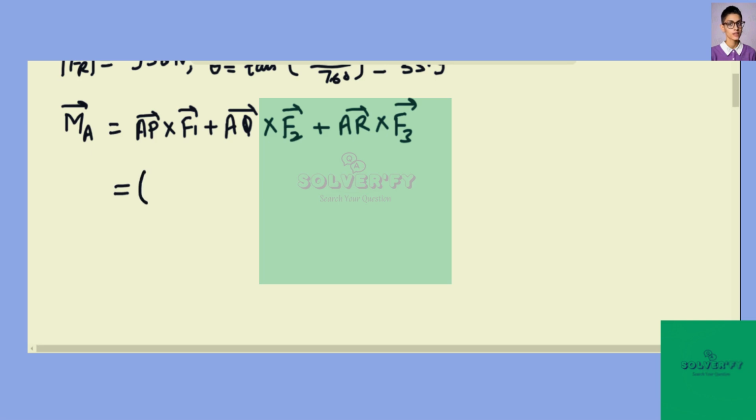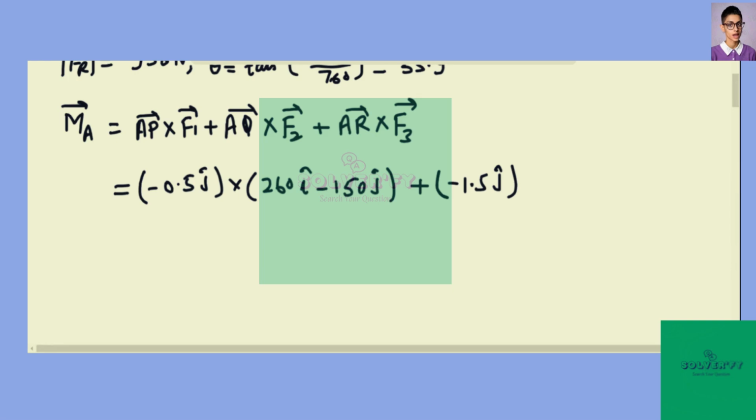Now, from the figure, you can write the AP vector. AP vector is minus 0.5 j cap meter, and F1 we have already calculated as 260 Newton i cap minus 150 Newton j cap. Now, the value of AQ is minus 1.5 j cap and the F2 force is 500 i cap.